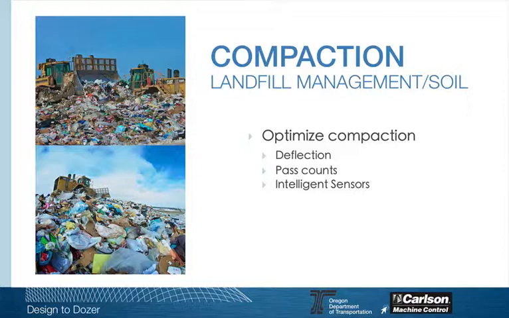Another method is through intelligent sensors, and this actually measures the sine wave basically, or the vibration amount that's being returned from the machine. So as this reduces, as the vibration or the back energy is reported, then I can measure my compaction or density, or have an idea where I'm at with intelligent sensors.